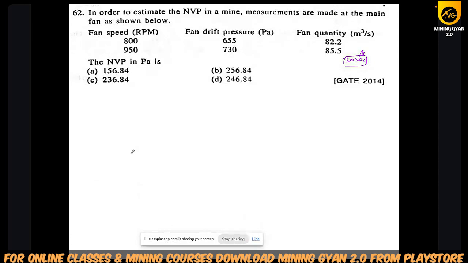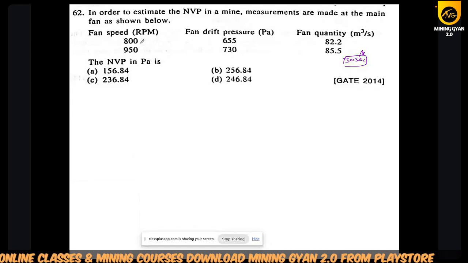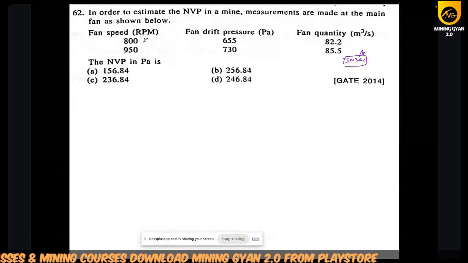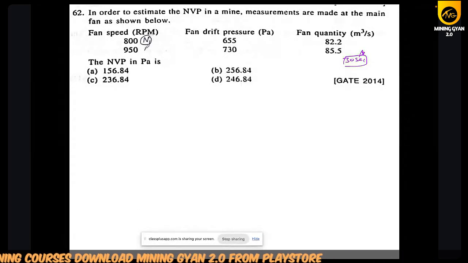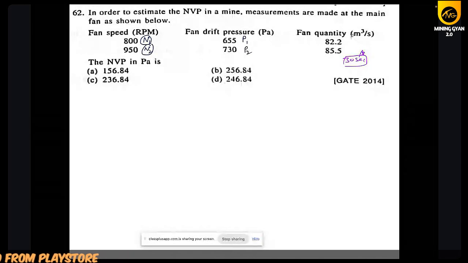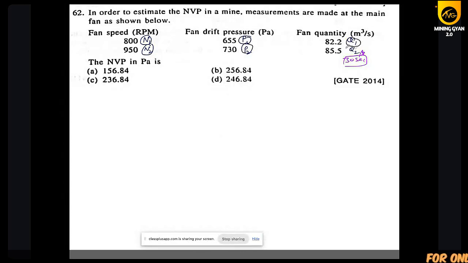I will write down the short form here. It will be N1, N2, and pressure. So it will be pressure of fan 1, pressure of fan 2, and quantity of 1, quantity of 2. I am not writing all again, I'm just giving the nomenclature here.